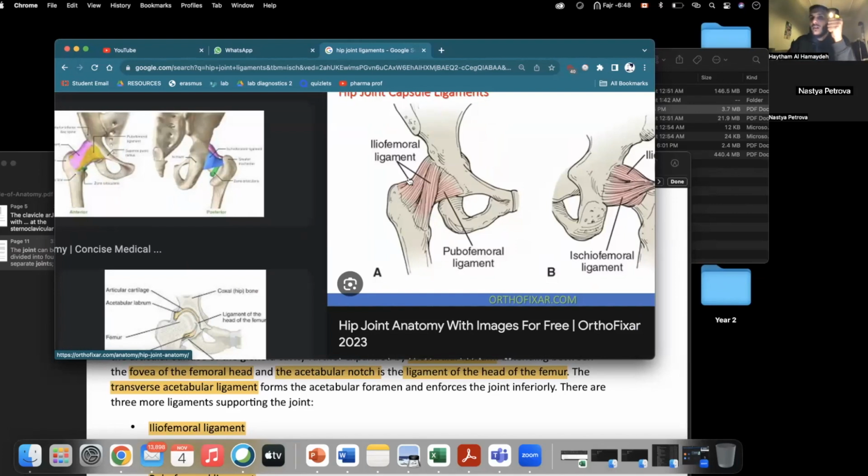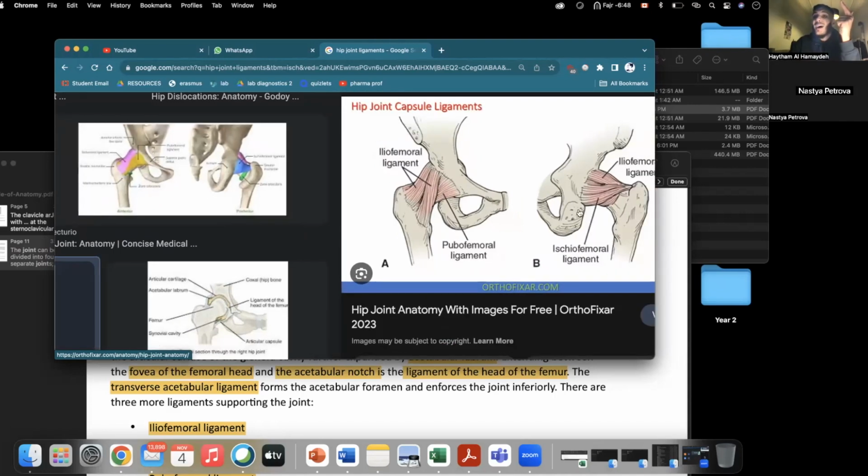That's number one. Number two, you have the iliofemoral ligament, from here to here. Then this part is pubis and this part is ilium, so pubofemoral ligament. And then finally, from the back, because the back is the ischium, you have the ischiofemoral ligament. Okay, you got it?